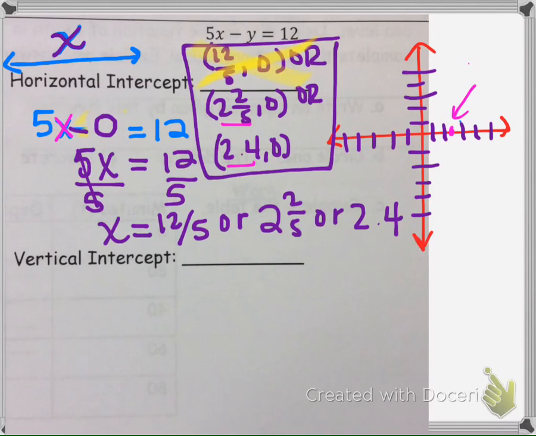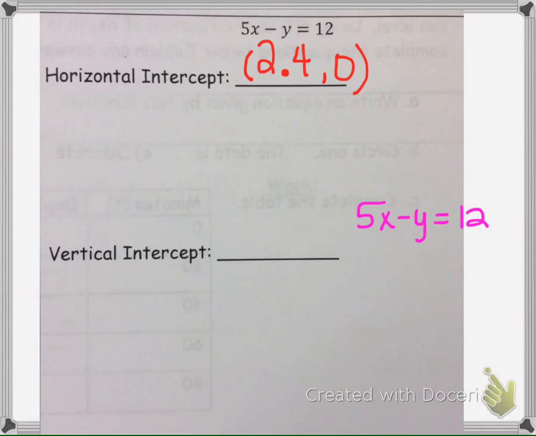Okay, now let's go ahead and find the vertical intercept. Okay, so to find the vertical intercept, this is vertical. That's typically known as the y-axis, the one that goes vertical. So we want to know where it crosses the vertical, the y-axis. So I need to get rid of this x, and I need to put a 0 in for it.